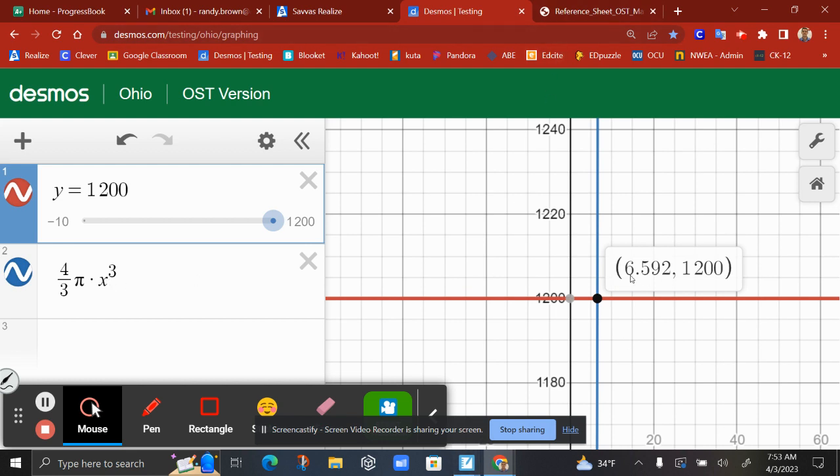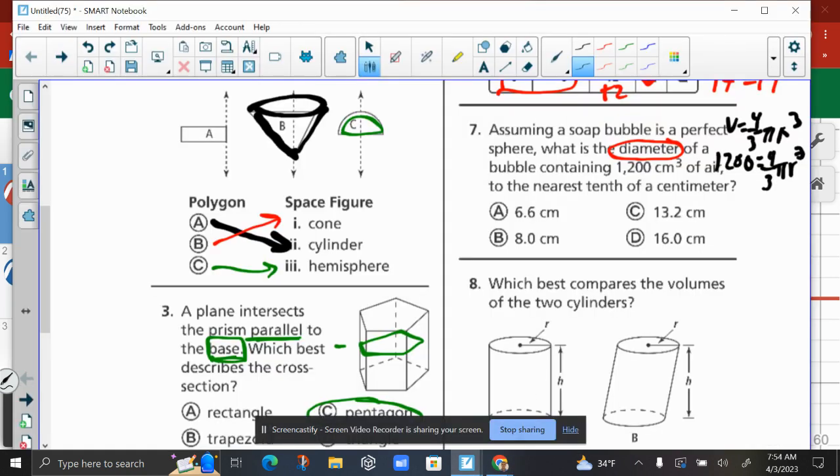So if x is, let's say, 6.6 rounded to the nearest tenth, so if r equals 6.6, what is my diameter? Well, remember, a diameter is all the way across.